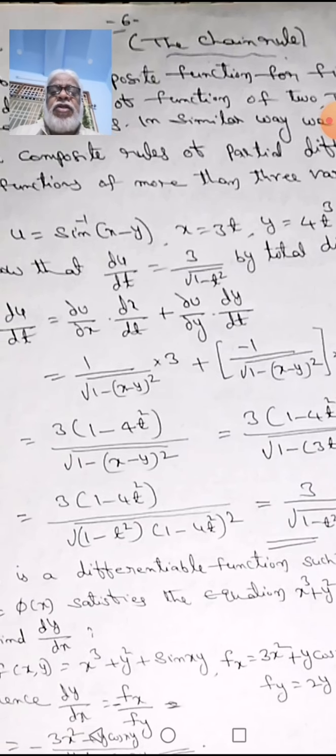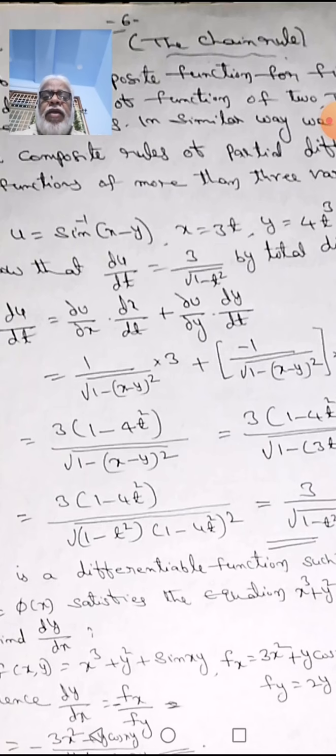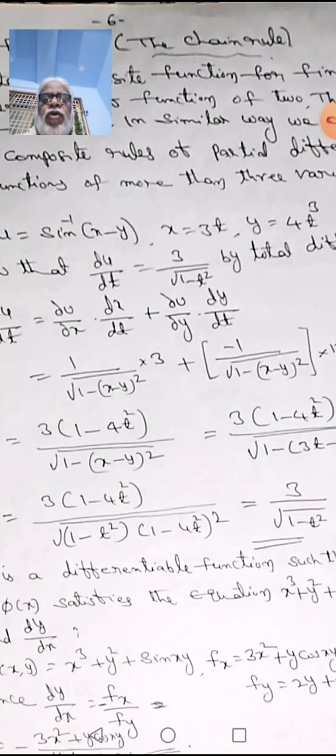Here we substitute the values x is equal to 3t and y is equal to 4t cube. You see 3 by under root of 1 minus x minus y whole square, and x is 3t minus 4t cube whole square.